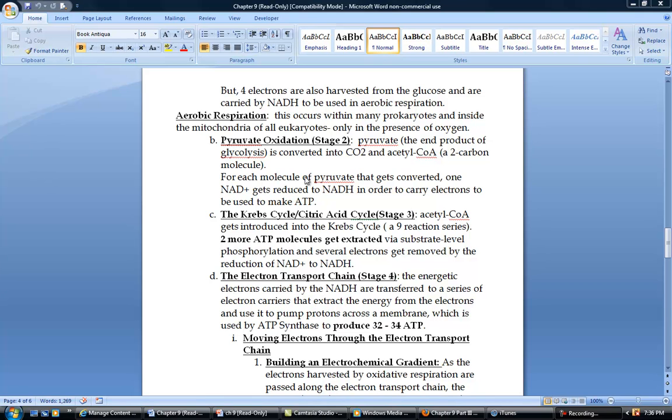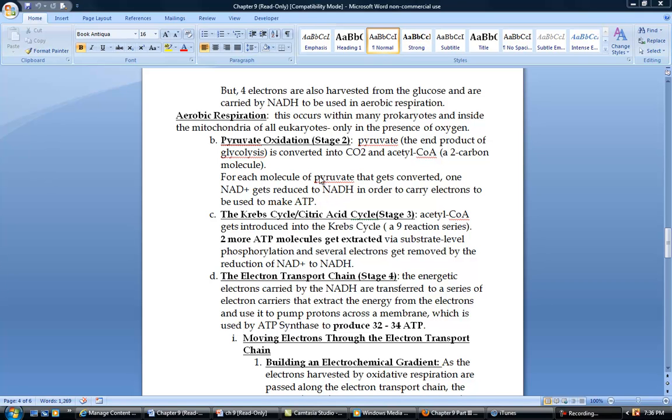So what's going to happen is pyruvate is going to get some electrons harvested. So NAD+ is getting reduced to NADH. Now notice I say for each molecule of pyruvate that gets converted, one NAD+ gets reduced to NADH.